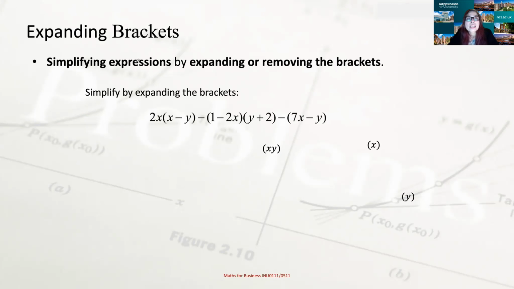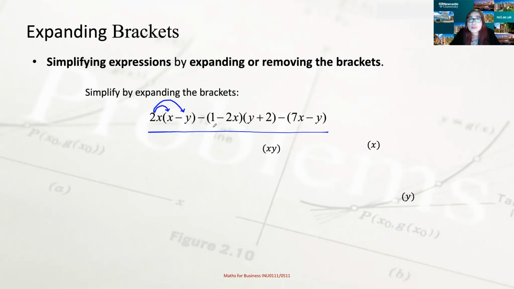Okay, look at that. It's a beautiful expression here. What am I going to do here first? I can see some brackets here. I will first remove the brackets. How to remove that? Expand it. So I'm going to multiply 2x with this term, then 2x with this term.